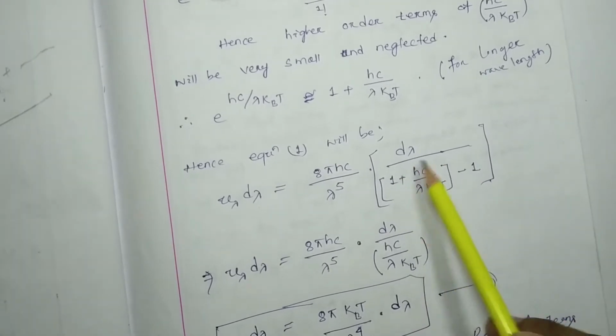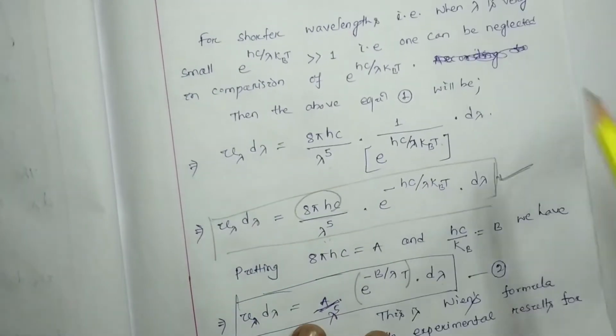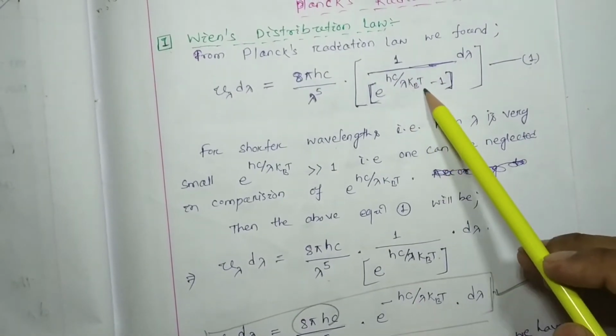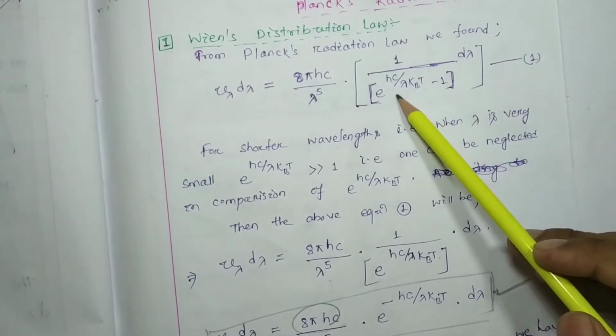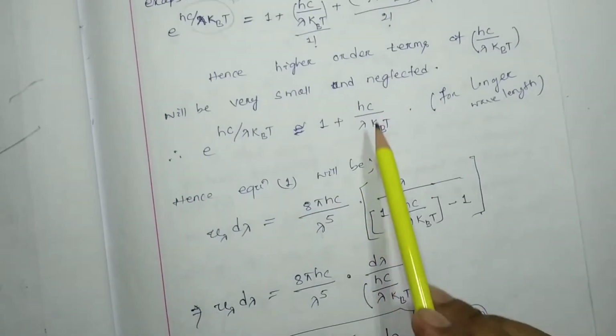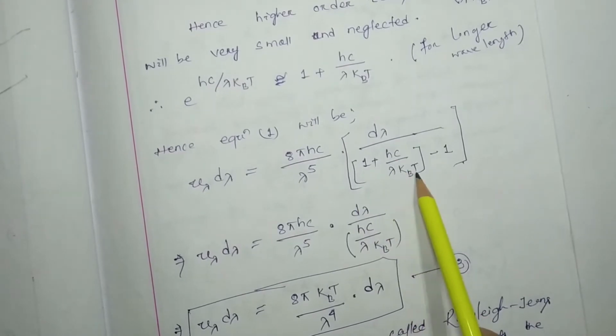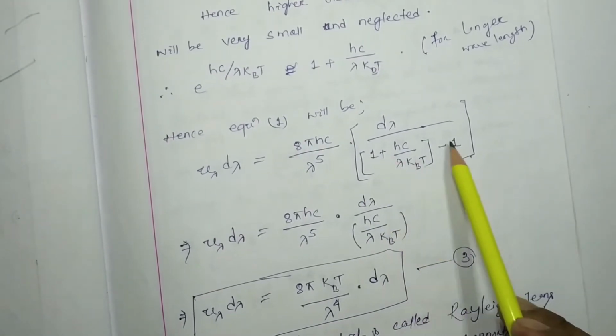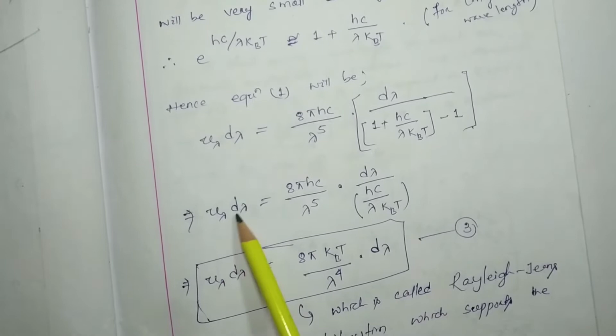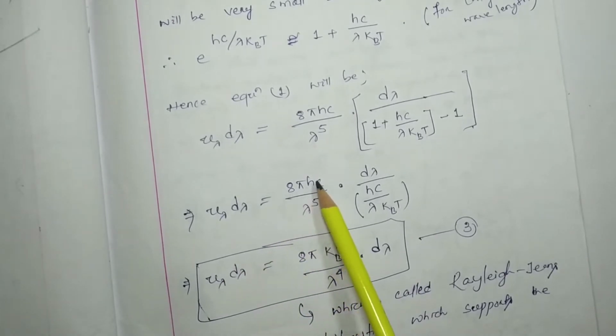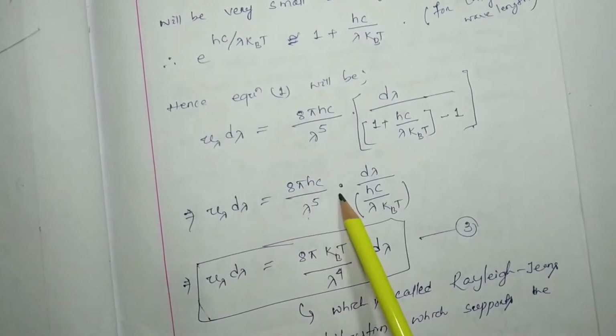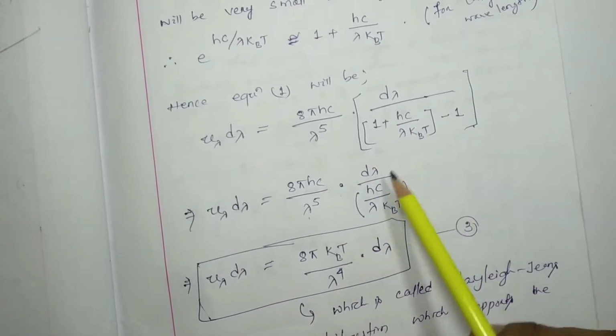Instead of the term e to the power sc by lambda kBT, for longer wavelength we have written 1 plus sc by lambda kBT. Here 1 minus 1 got cancelled. We found u lambda d lambda equal to 8 pi sc by lambda to the power 5 into d lambda by sc by lambda kBT.